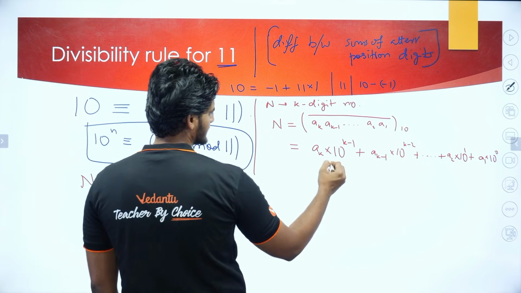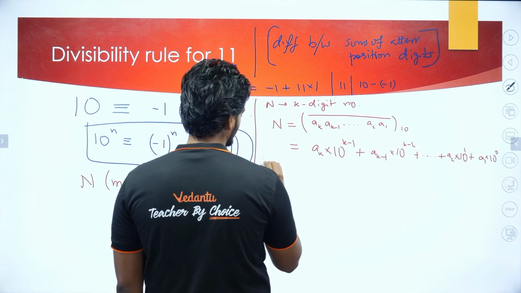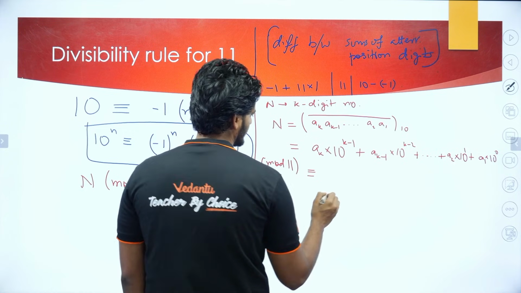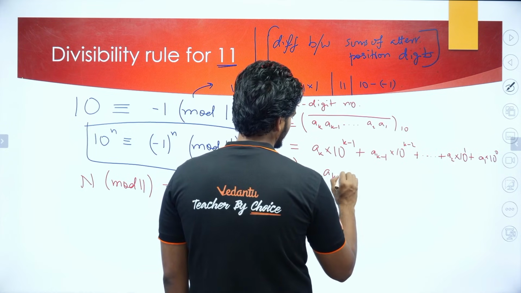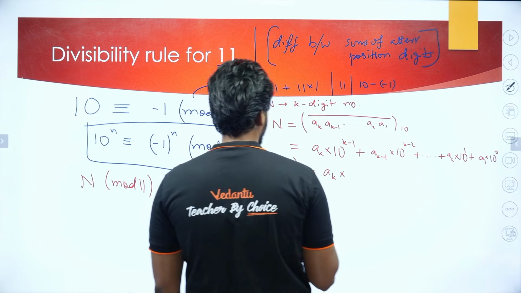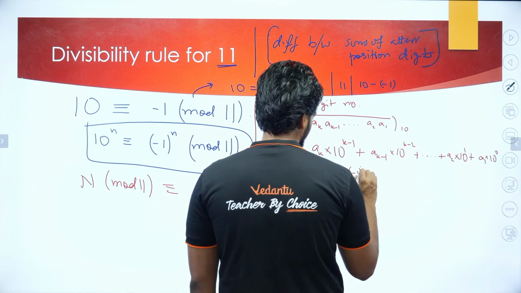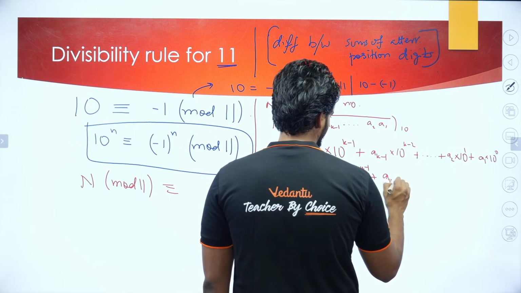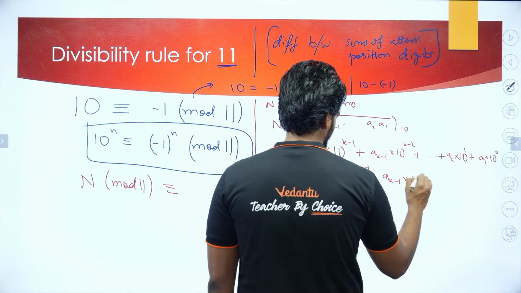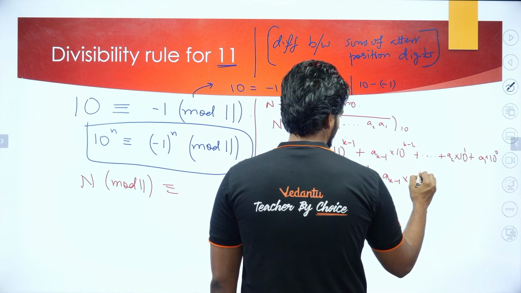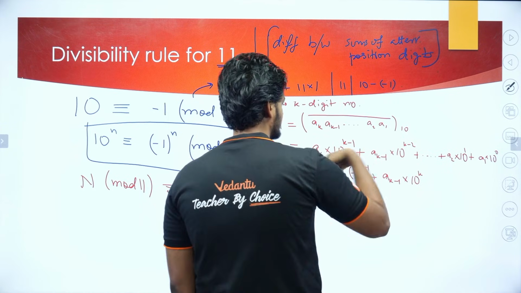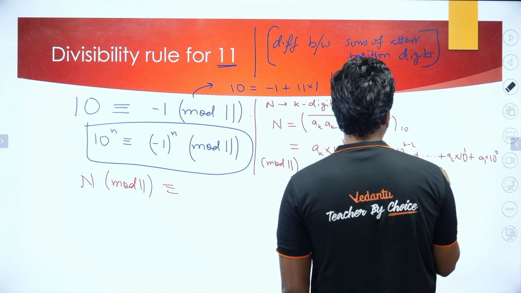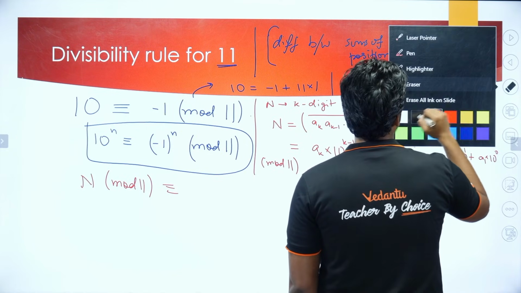Now each of these, if I am taking mod 11, will be equivalent to ak into minus 1 power k minus 1, plus ak minus 1 into 10 power k minus 2. 10 power k minus 2 will be converted to minus 1 power k minus 2, right?